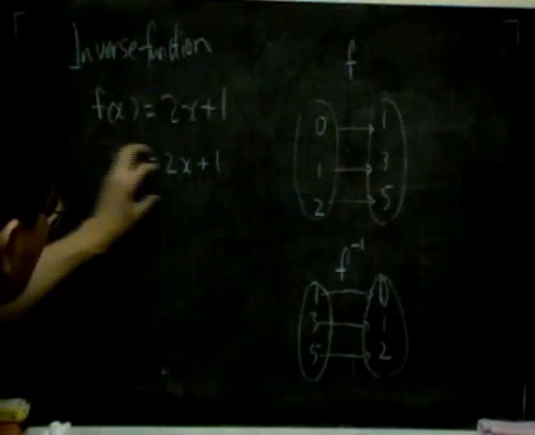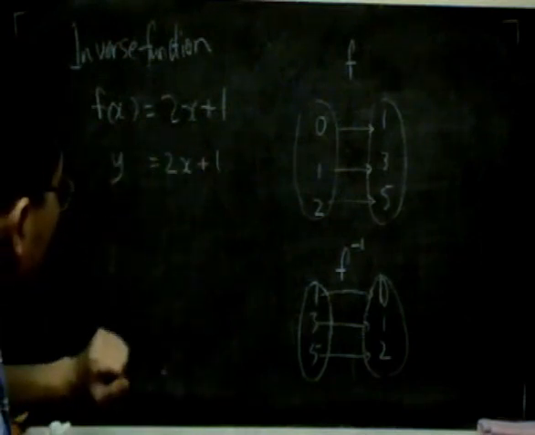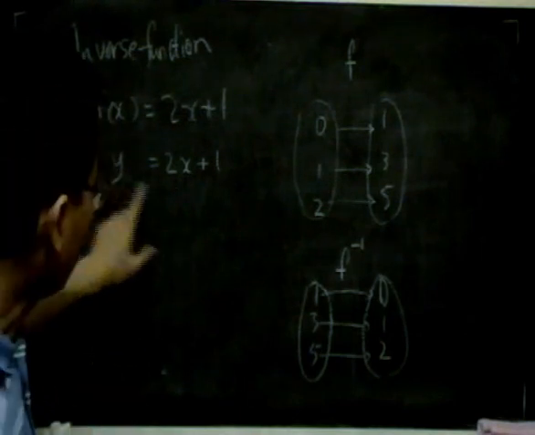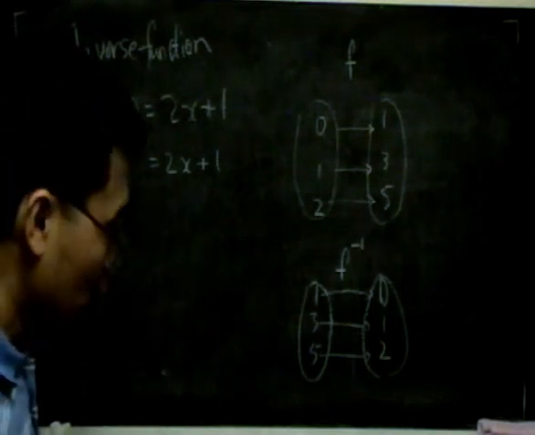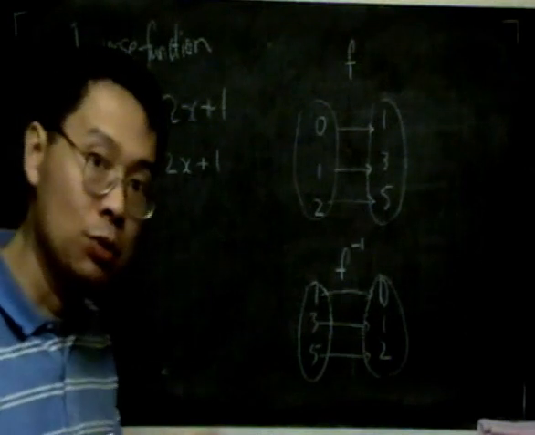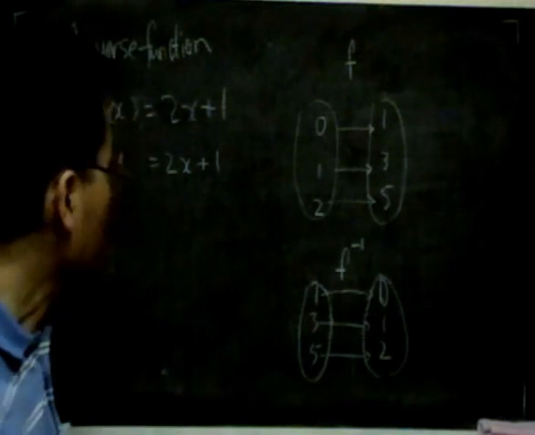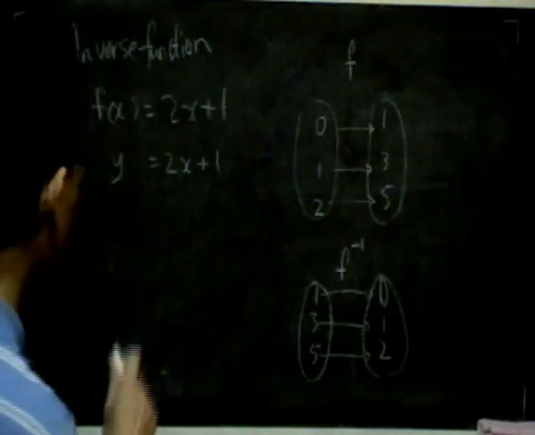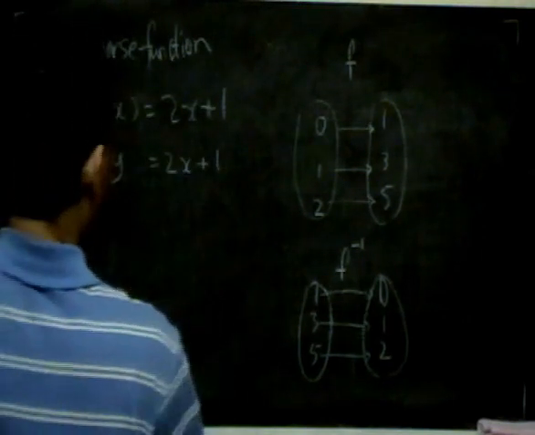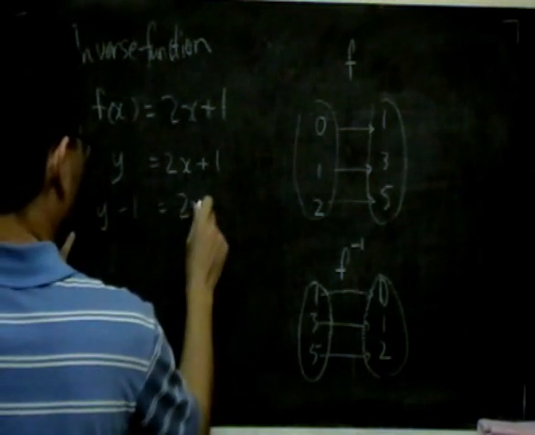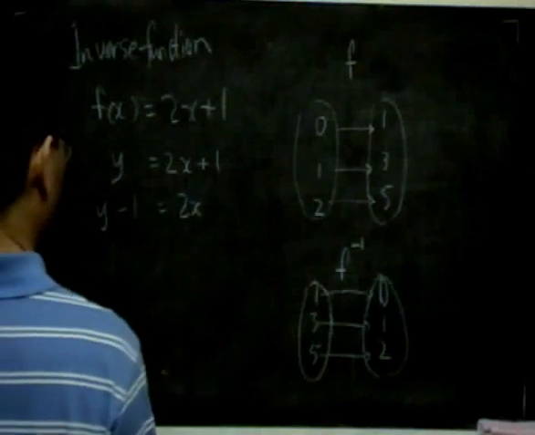So if you look at this equation, that means that we are given the value of y and we must find the value of x. And we know how to do that in algebra. We simply rearrange this to make x the subject. So let's do that. Now subtract both sides by 1 and then divide both sides by 2.